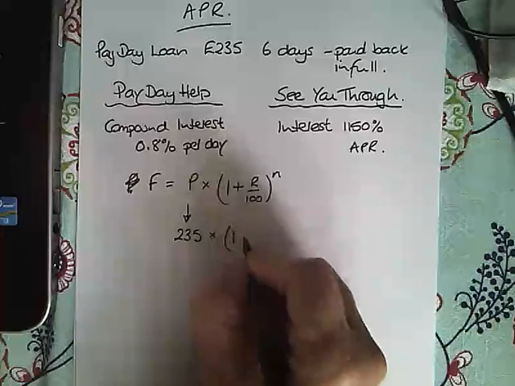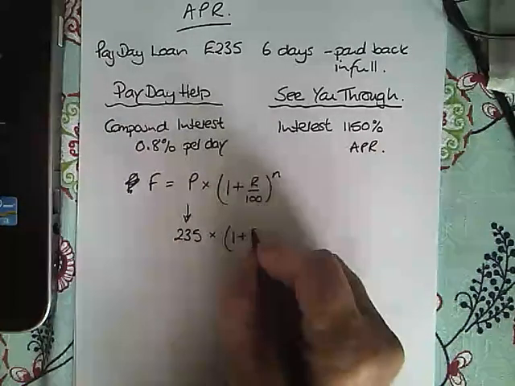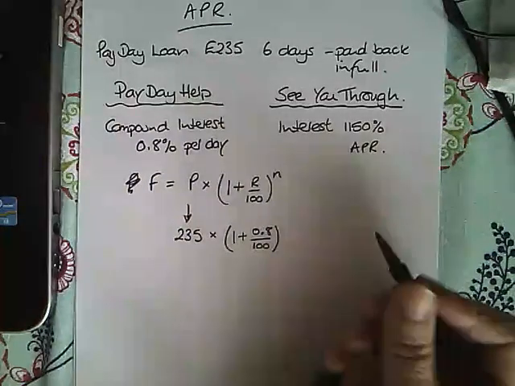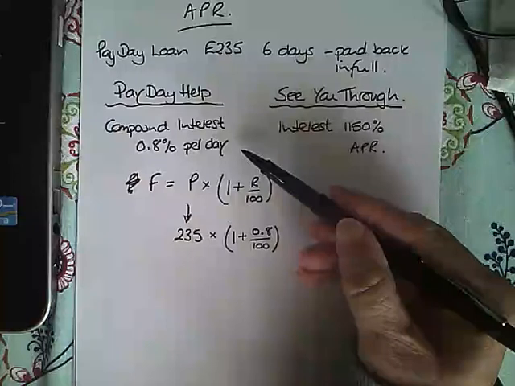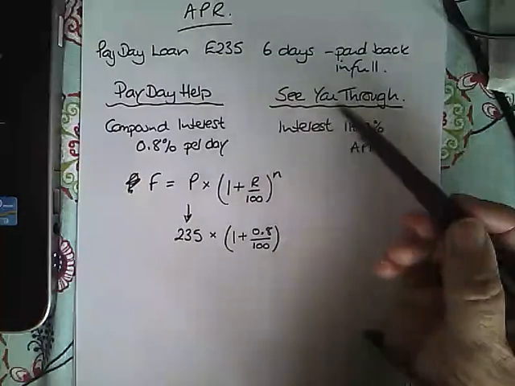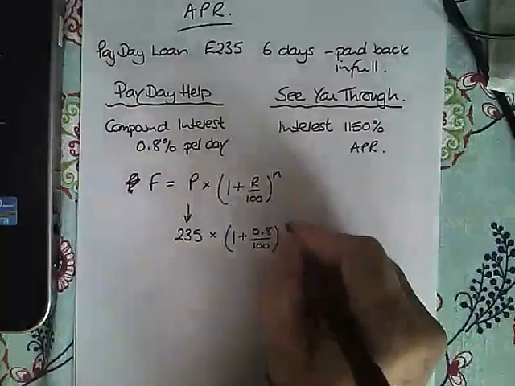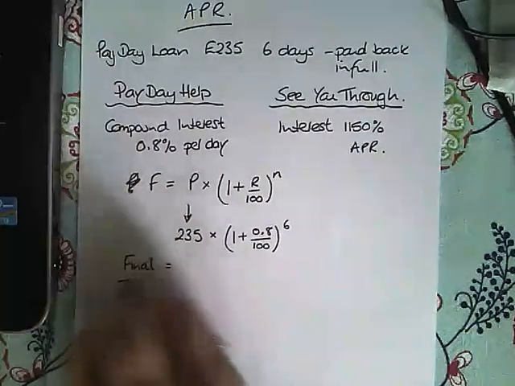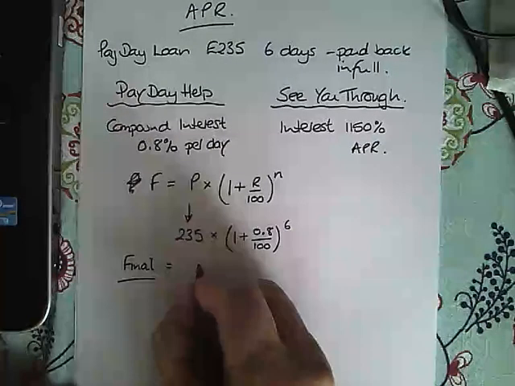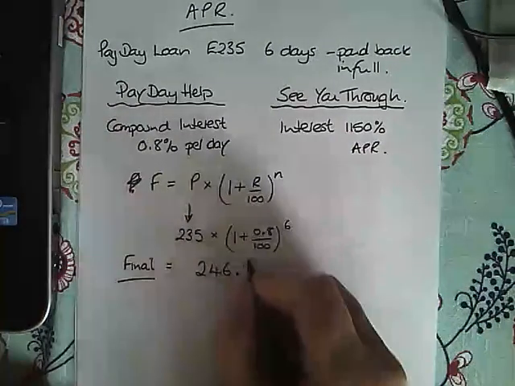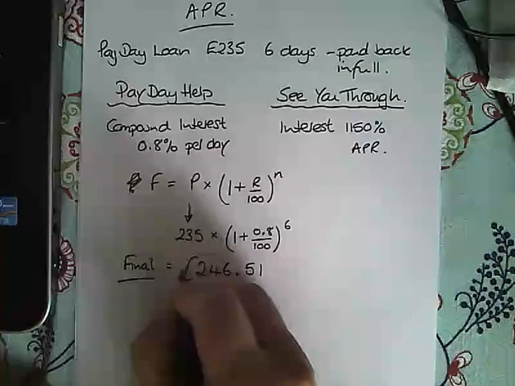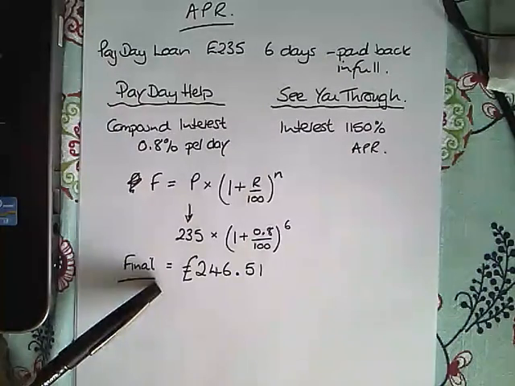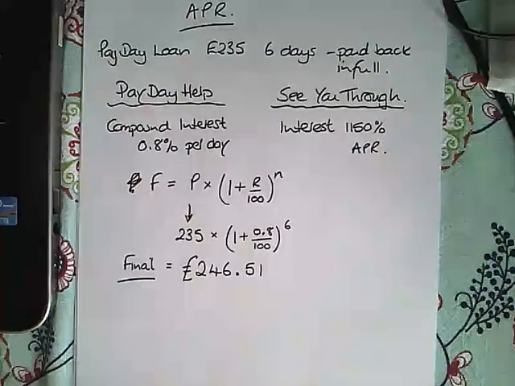Inside here we've got 1 plus the rate, 0.8 over 100, and the Payday Help was saying that this was an interest rate per day and it's going to be paid back over 6 days, so to the power 6. Now if you put that all in your calculator, we will get a final amount of £246.51. I've rounded that to 2 decimal places because it is money. So that is Payday Help.